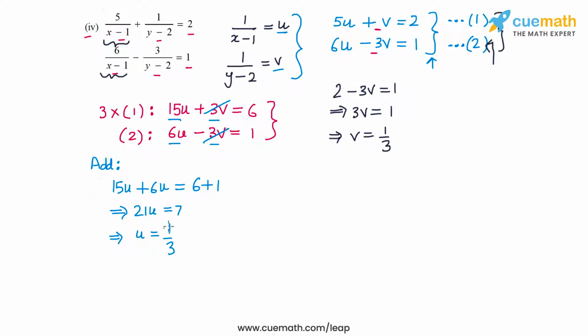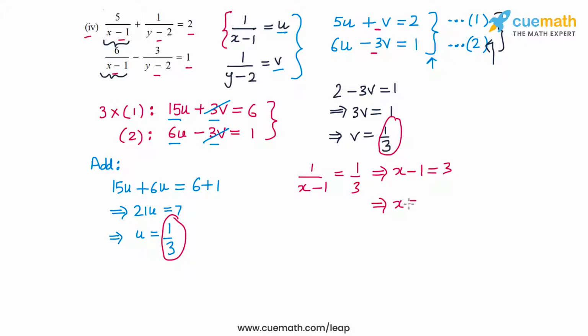And now that we have found u and v, we need to now find x and y. So let's use the first relation. 1 by (x minus 1) is equal to u, which is equal to 1 by 3, and this means that x minus 1 is equal to 3 or x is equal to 4. So this gives us the value of x.